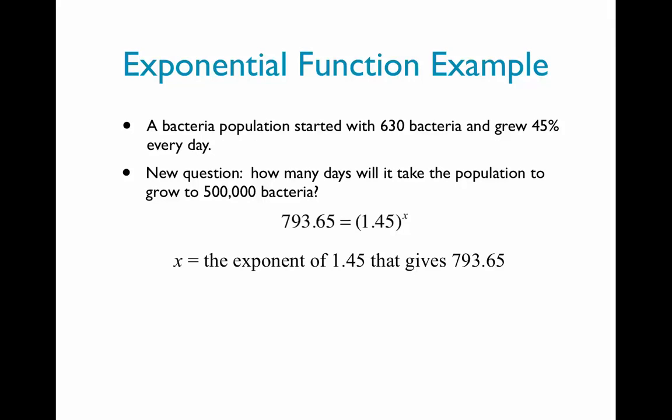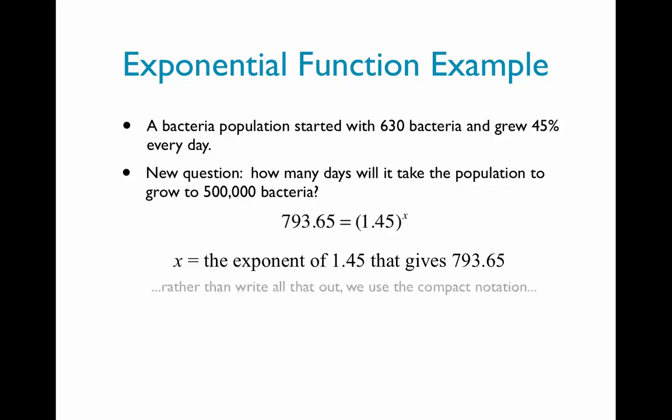So what we're really looking for is the exponent of 1.45 that gives 793.65. Would you agree? Okay, so that's kind of the first step in solving this, is identifying what exponent it is. It's the exponent of 1.45 that gives or results in 793.65.